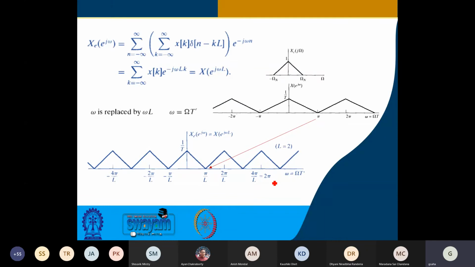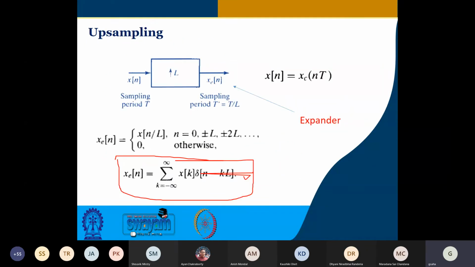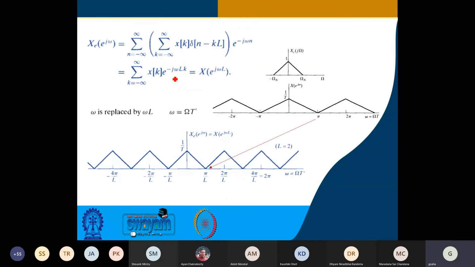we'll follow a step-by-step approach. So then it's the DTFT. The basic equation of the DTFT is the sum from n equal to minus infinity to plus infinity of x_e[n] e to the power minus j omega n. So that is the DTFT relationship. Okay. Now instead of x_e[n], I can write this one.